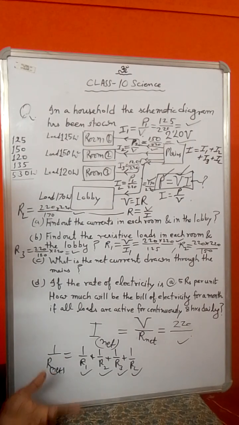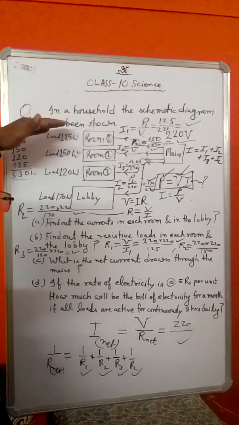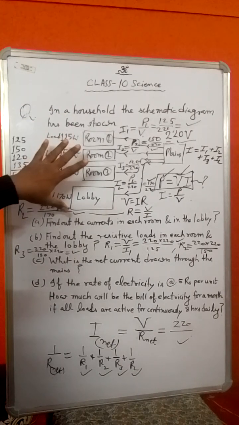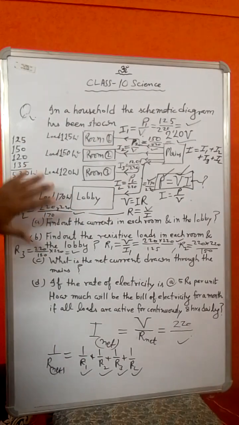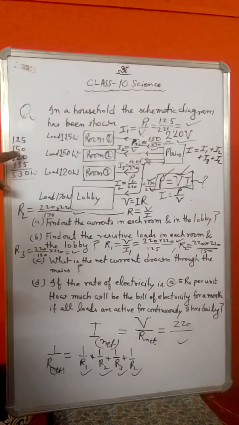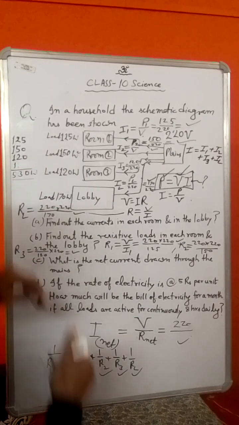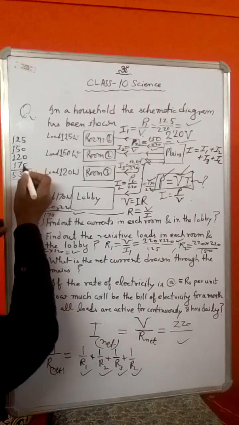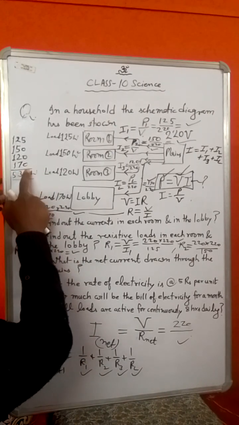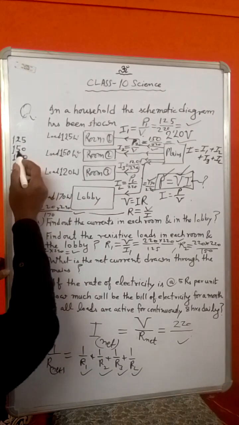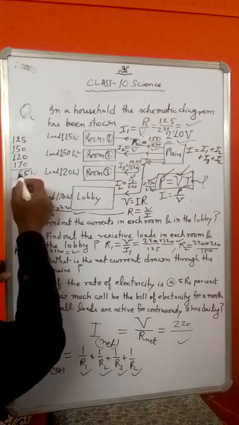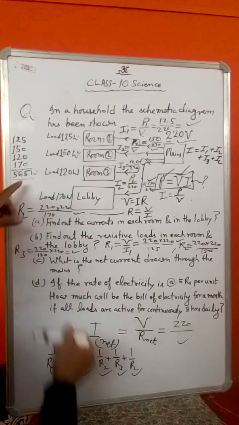Now how can this part be solved? So for this, let's add all these loads. What is the total consumption of this house? So 125 watt, 150 watt, 120 watt, and then 170 watt. Now on adding these values, we can get total 565 watt.